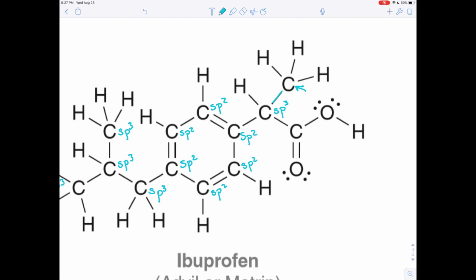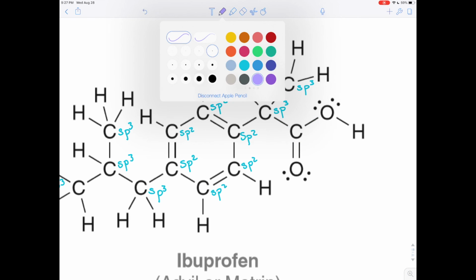This carbon here, sigma, sigma, sigma, sigma, all sigma bonds, leaves you with an sp3 hybridized carbon. And finally, that carbon there: the first bond you form between any 2 atoms is a sigma bond. Those are all sigma bonds. Every bond after that is a pi bond, so we've got just this one pi bond on that carbon.